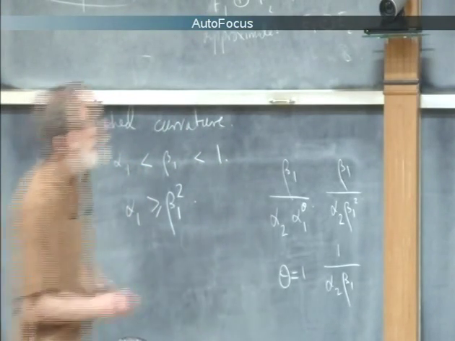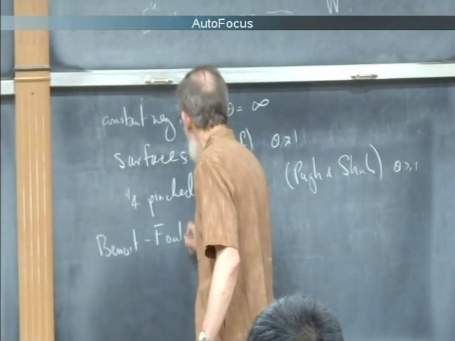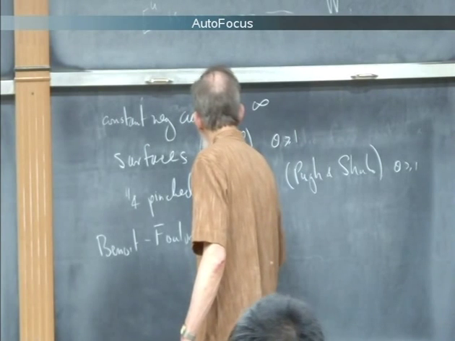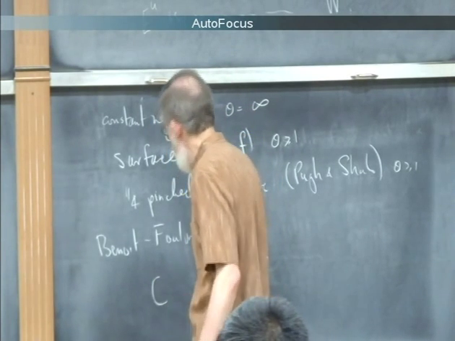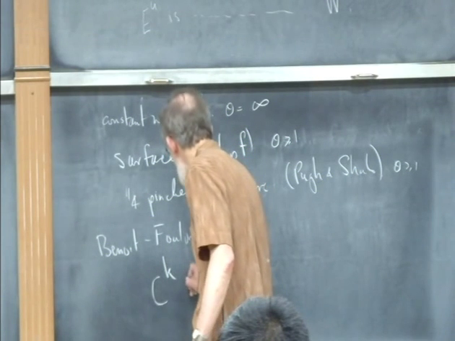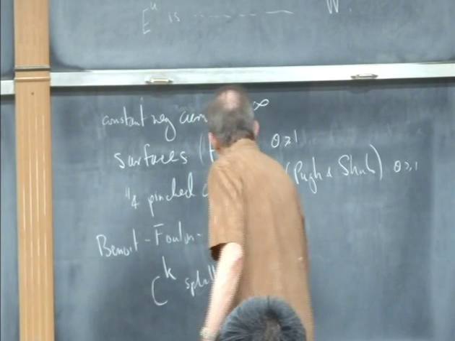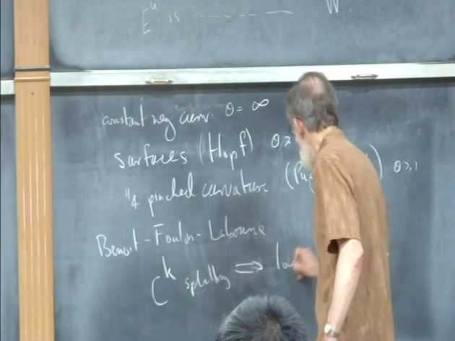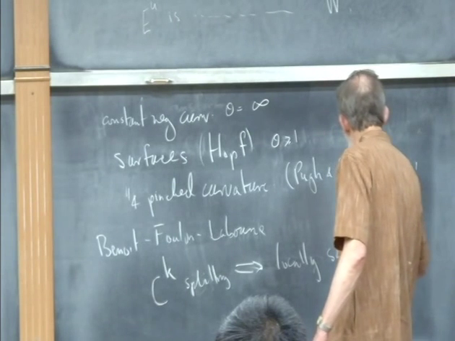So let me make a little summary of that. We use the theorem of Gromov for that. So the Foulon-Labourie result: a C^k splitting implies locally symmetric, essentially, up to finite cover and time change.